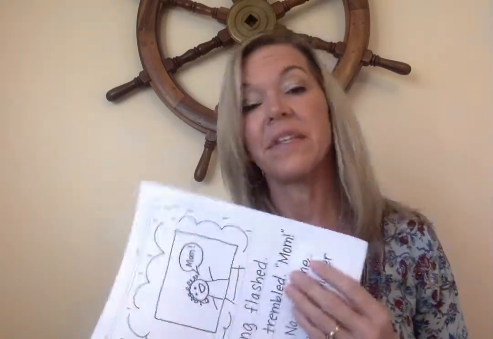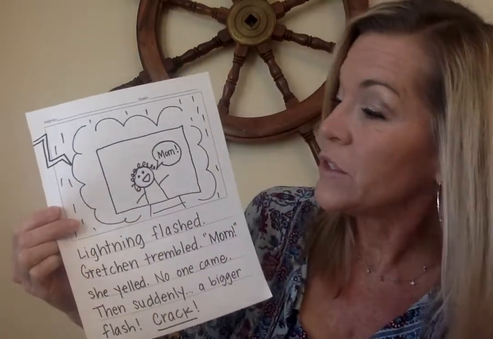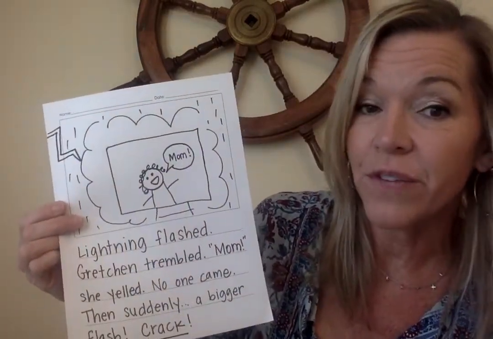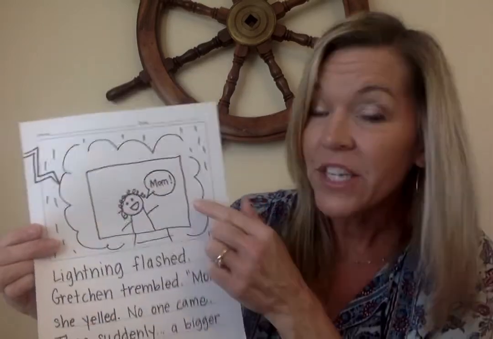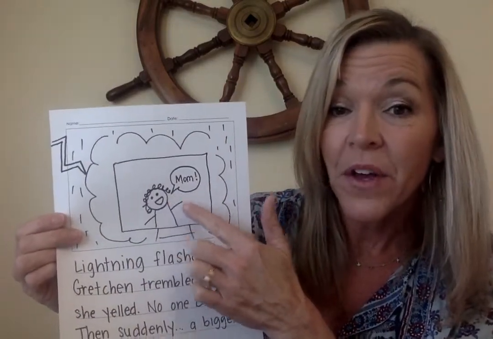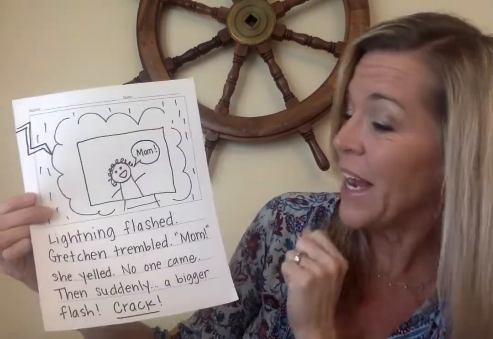I want to show you an example of where I tried this in my own writing. In my realistic fiction story about Gretchen, I was talking about the part where she was in the tree fort and the storm came. And in my picture, I have a speech bubble, her yelling for her mom, right?